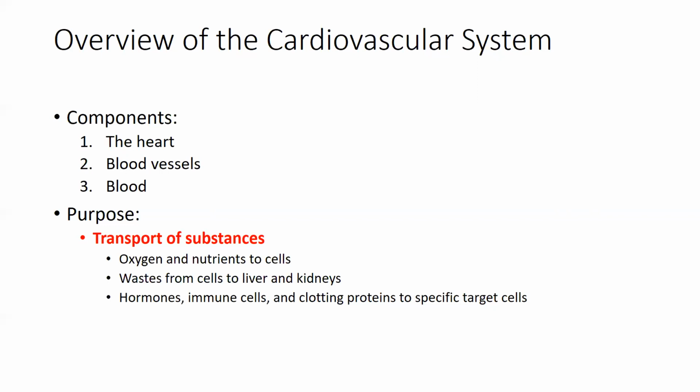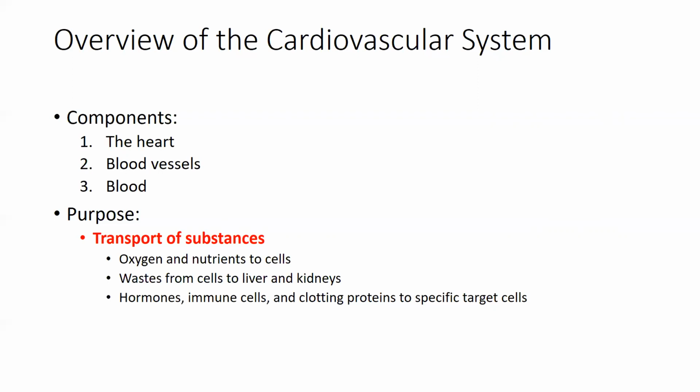Now, the blood vessels are a conduit, right? A conduit meaning that they're carrying the blood inside of them. And these are a network of vessels that run throughout the entire body. And the blood is the actual liquid substance that's moving in those vessels. So together, these three components are very important in transporting things throughout the body.